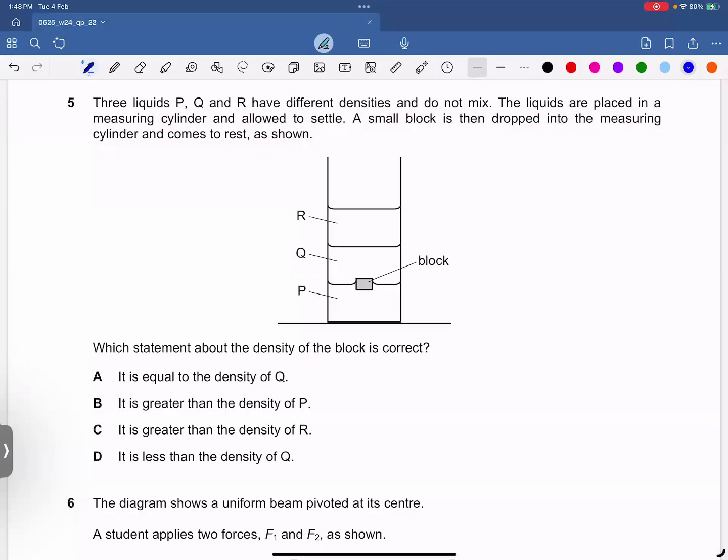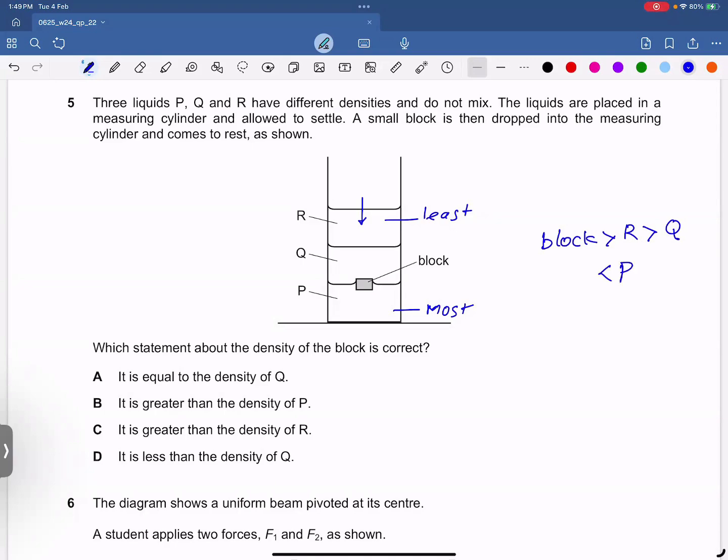This is the most dense and this is the least dense. Since the block goes through R, the density of the block is more than R. It goes through Q, so also more than Q. It floats on P, so it is less than P.